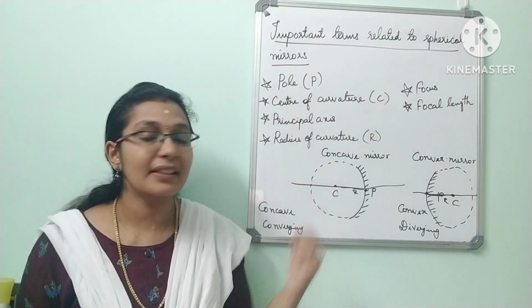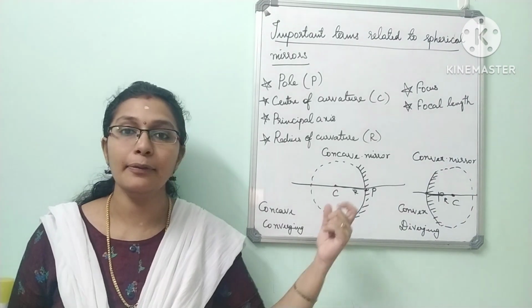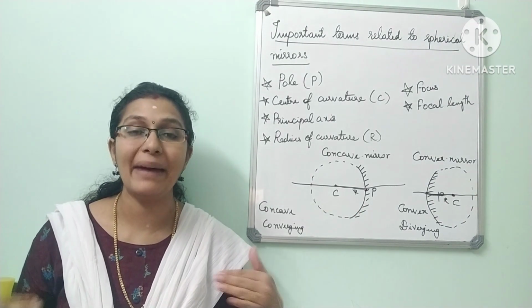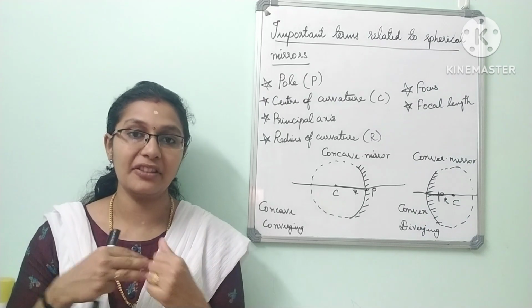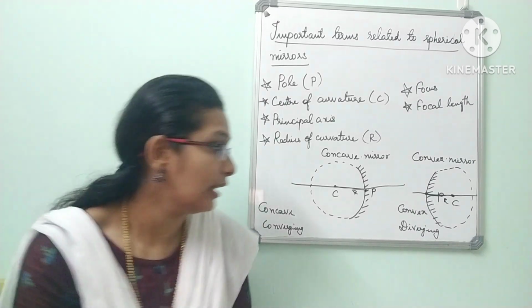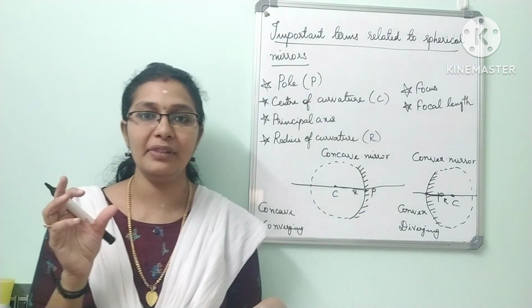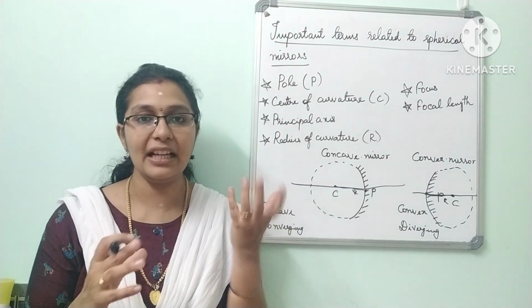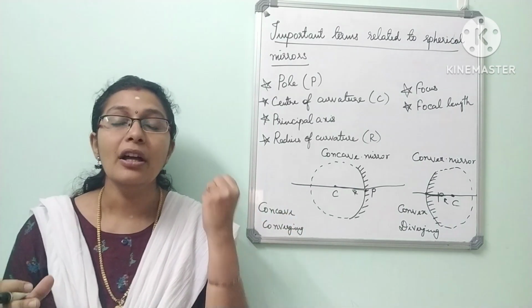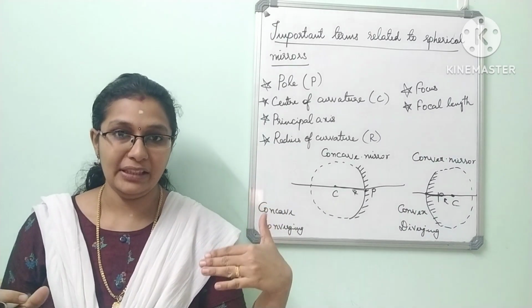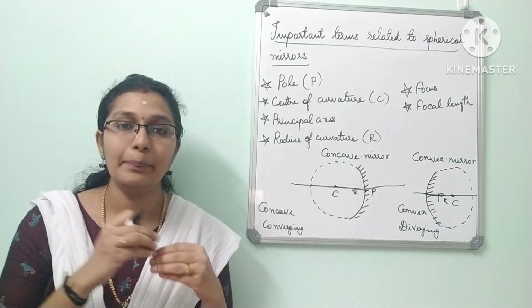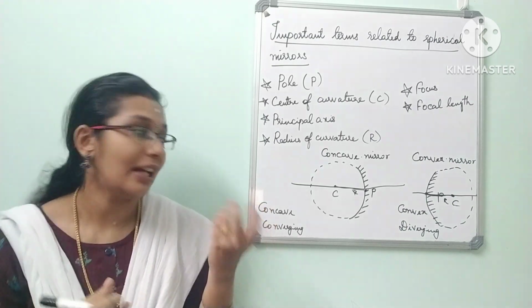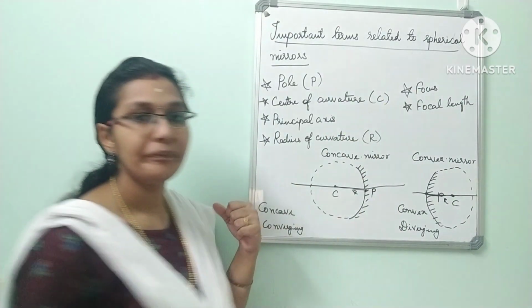So, focus is the point. In a concave mirror, focus is the point where all the parallel rays meet after reflection. You understand? The term itself says it: focus means you get a clear picture, right? So there all the rays converge together and meet at a point after reflection, and that is called the focus.